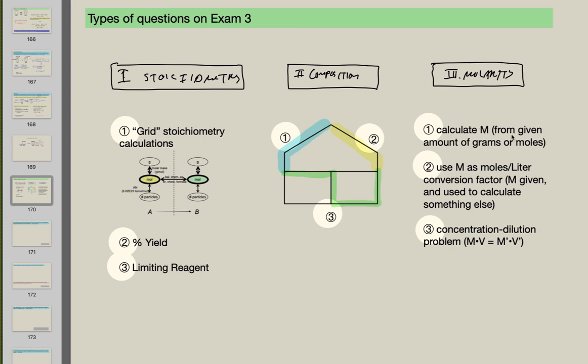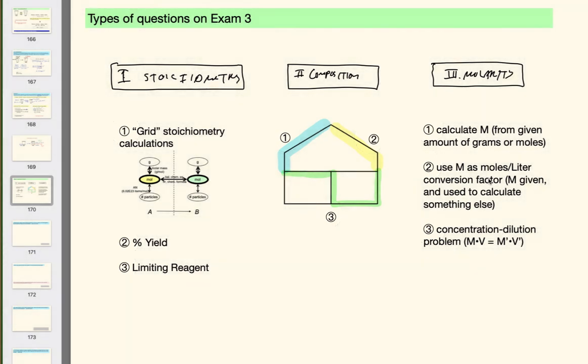Calculate molarity when you're given grams or moles of something. Use molarity to calculate something else, using it as a conversion factor. And then finally, what we just covered was the concentration and dilution. And with that, you have all of the information that you need to be successful on exam 3.